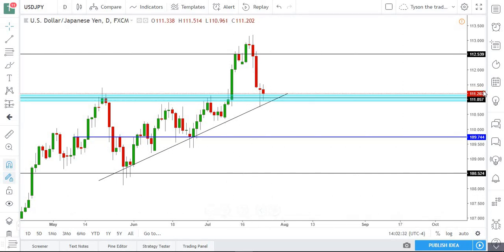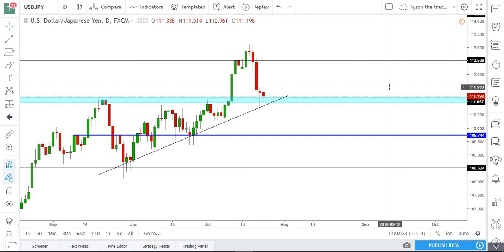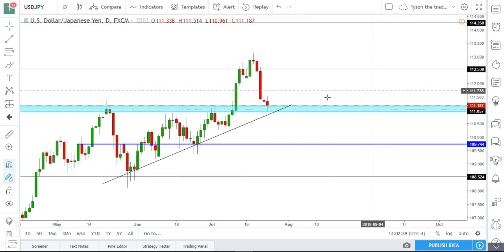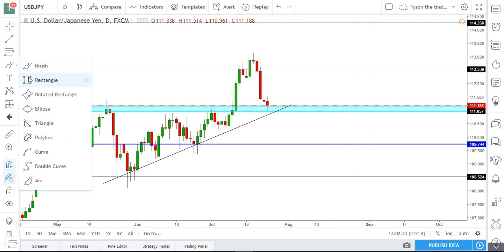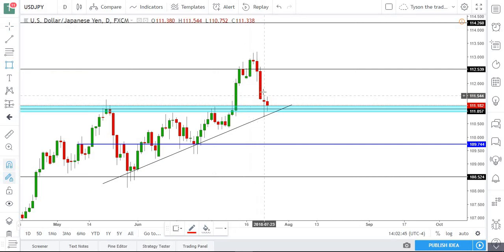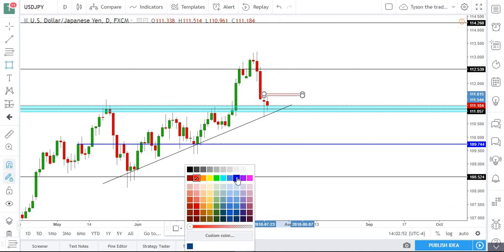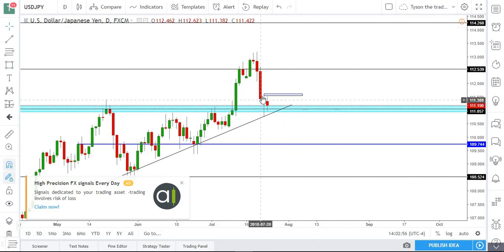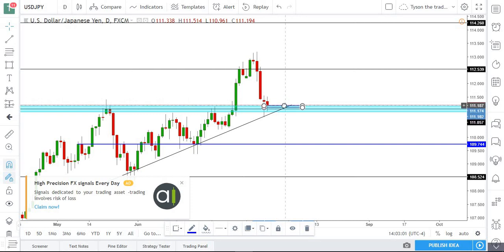Now, how do we take advantage of this? Well, there are two ways you can enter into this kind of market. You can enter on the breakout right here. Let me just highlight it. You can have an entry over here when the market breaks above, or you can enter this candle based on the 50% level of the pin bar.